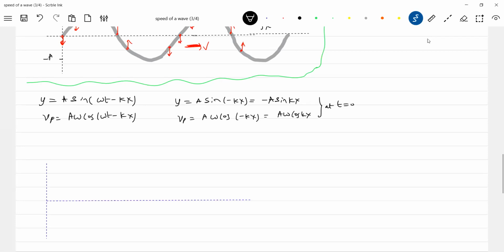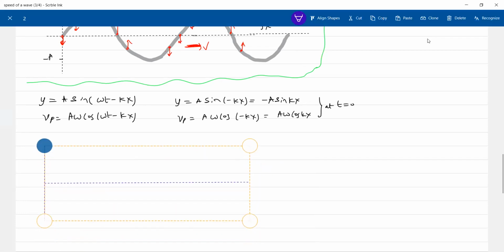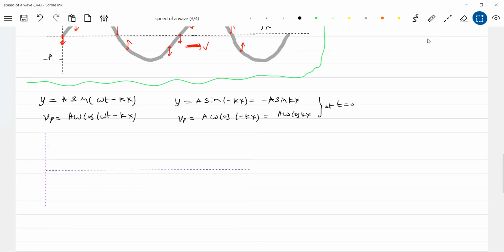So how to get the shape of the rope? Now look at this. As x increases, y will increase in the negative direction. We will try to justify our answers.